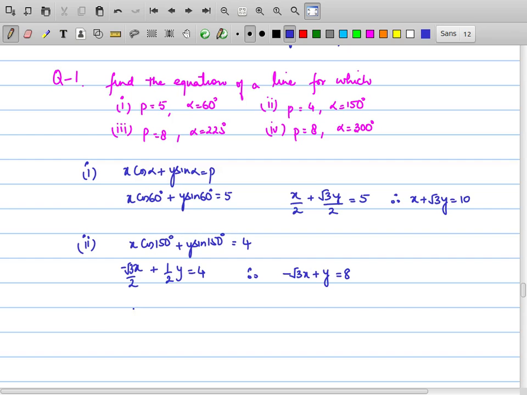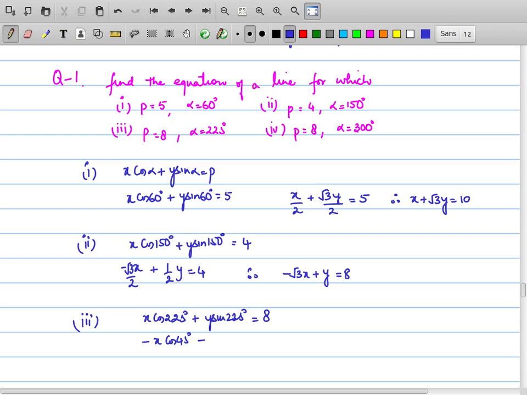This is your equation. Third part, P is given to be 8 and alpha is 225. Therefore x cos 225 plus y sin 225 is equal to 8. Now cos 225 is cos (180 plus 45). 180 plus 45 means third quadrant, where cos is negative. Therefore minus x cos 45.